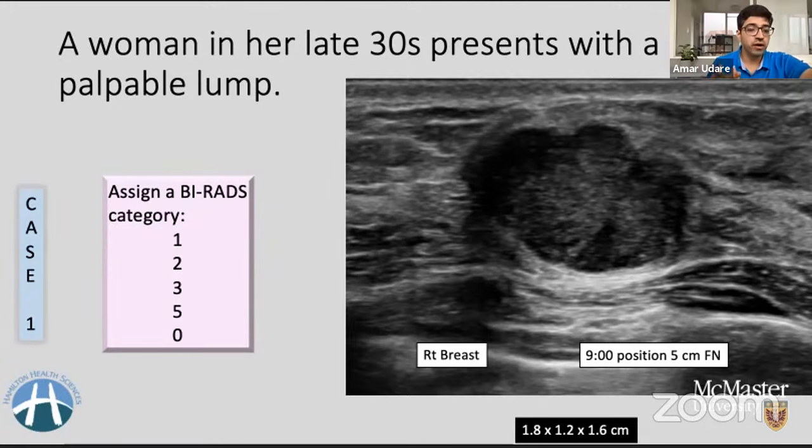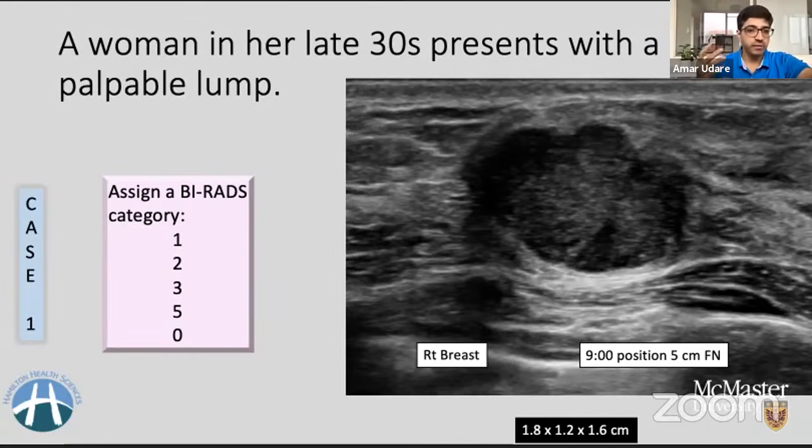So some of you who were on the quiz had already answered this question, and they had given the assessment category as 3. For those of you who are new, again, you have to make sure that you look at these lesions completely, make sure that the assessment is complete. And the most important thing is that you try to start doing annotations of the image if you're not.